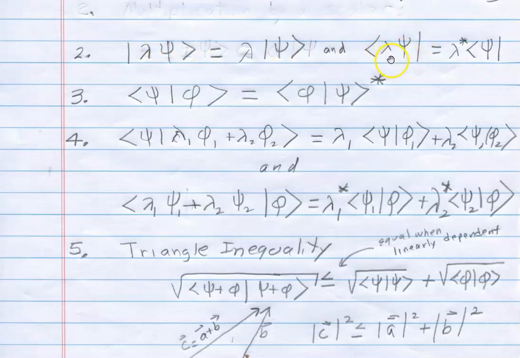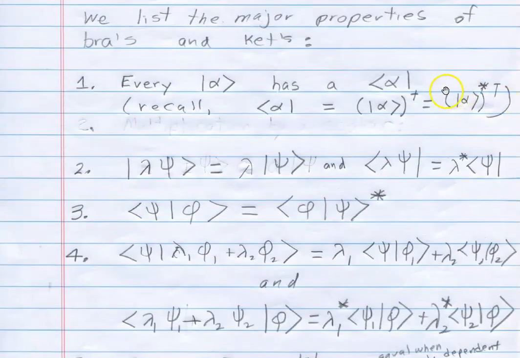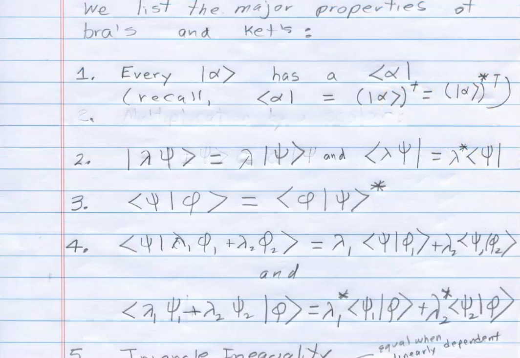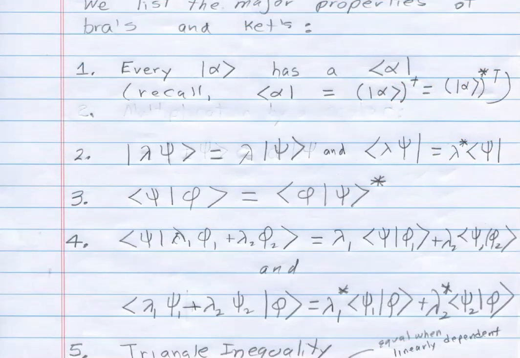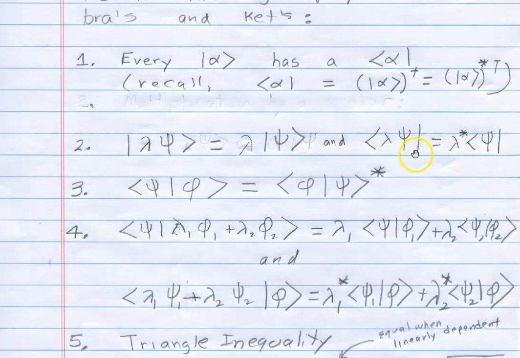In that case, because of that complex conjugation relationship up here, one can pull the lambda outside, and in general you'd take the complex conjugate of it because of the star operation in our definition of the bra from the ket. It really doesn't matter which side I put this on. Sometimes you see it on this side, or you can put it on this side.